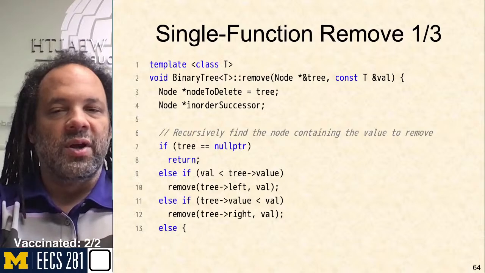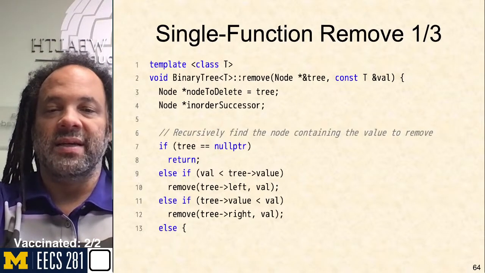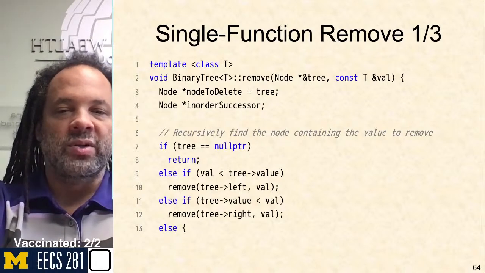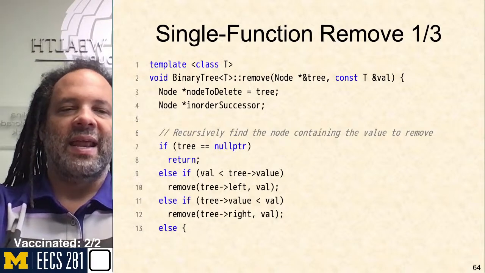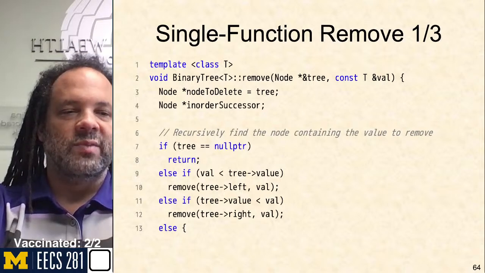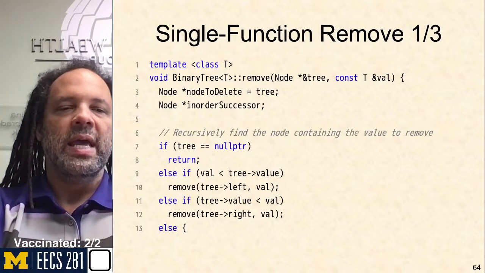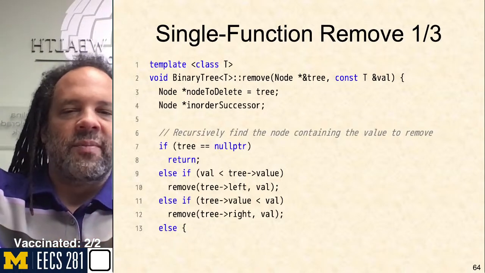Since it's a recursive function, and we may be asking to delete something that doesn't exist, we need to have our base case, right? We're passing that pointer by reference because we may need to change it. Right, if I've got a copy of the pointer and I say, well, set this pointer to null pointer, that sets my copy of the pointer to null pointer. It doesn't set the pointer that was sent from the calling location.